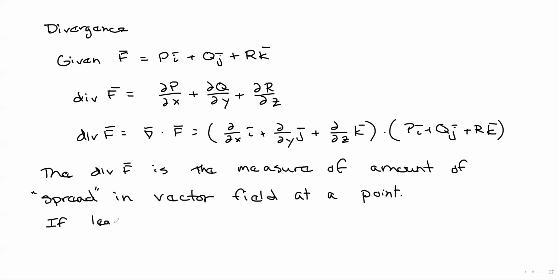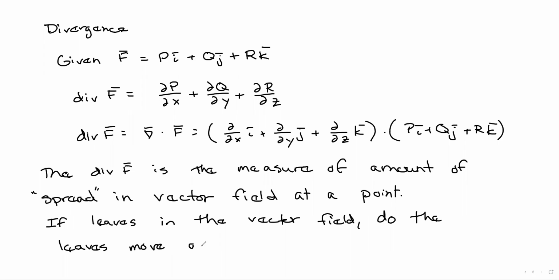If you have leaves in the field, the vector field, do the leaves move apart or come together at the point?